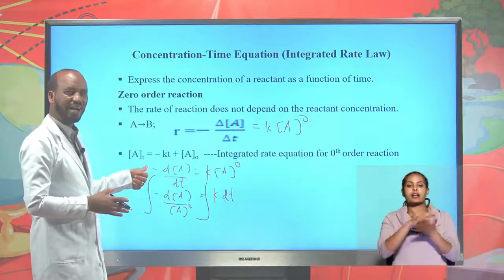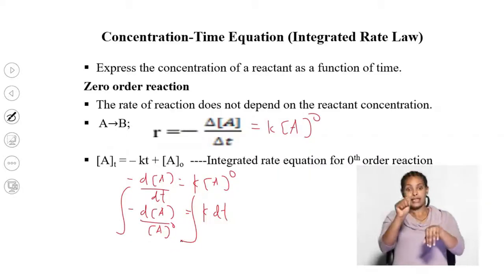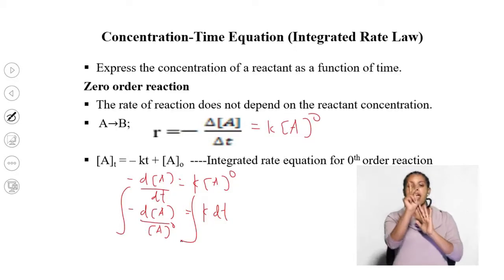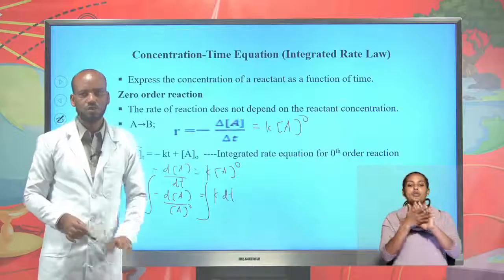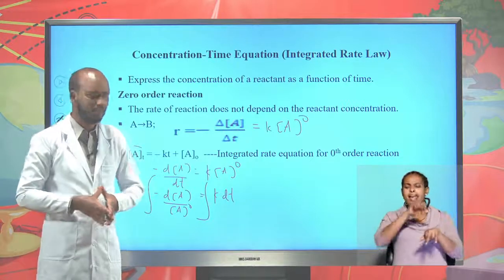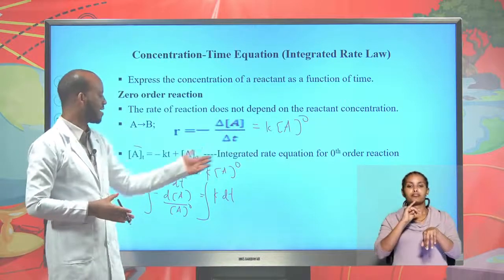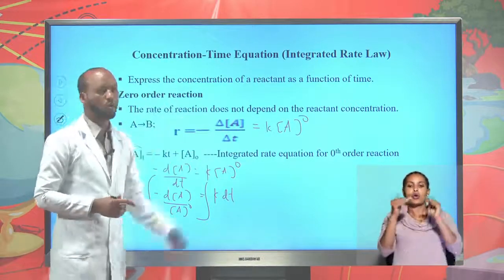Concentration of A at any time t equals minus k, where k is the rate constant, times t, where t is time, plus A naught, which is the initial concentration of the reactant A. This enables us to calculate concentration of the reactant at any time t. This is the integrated rate equation for zero order reaction.